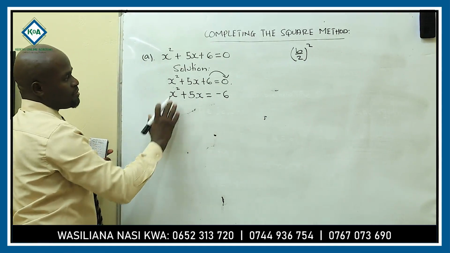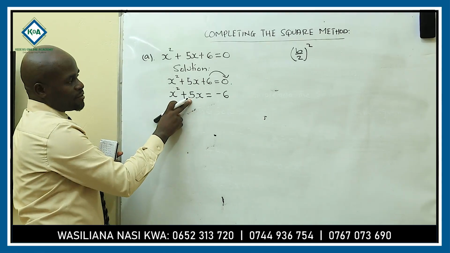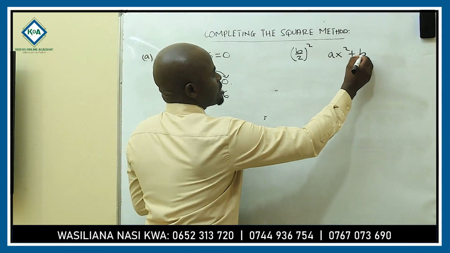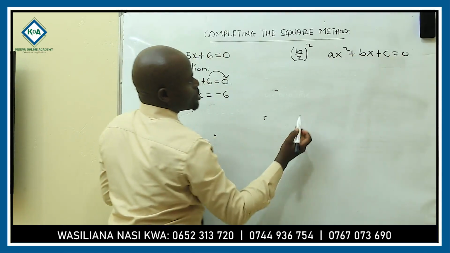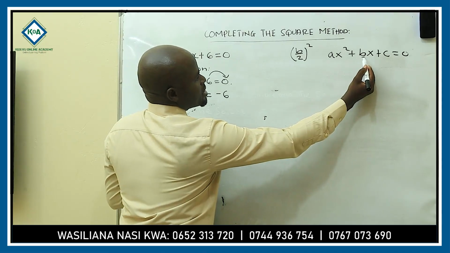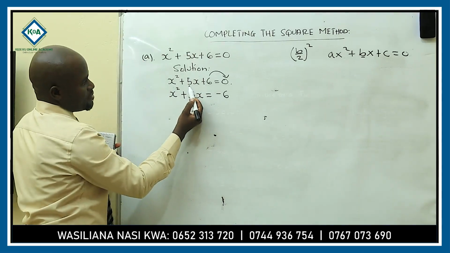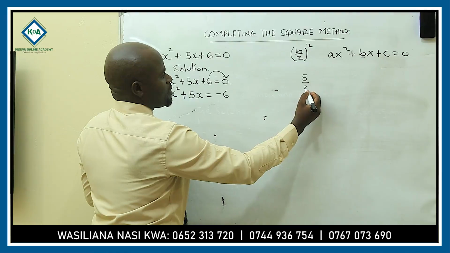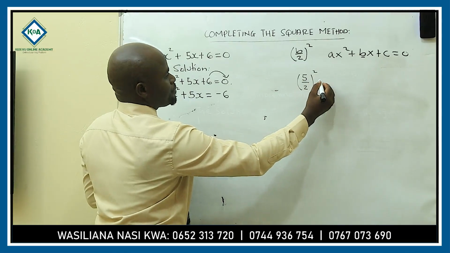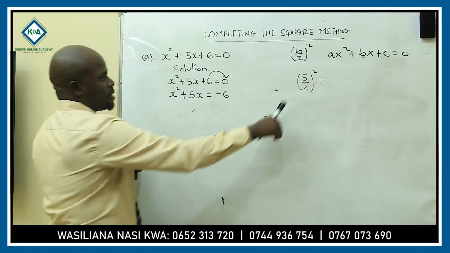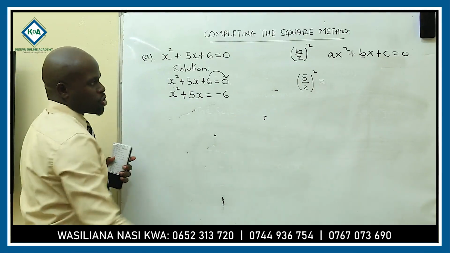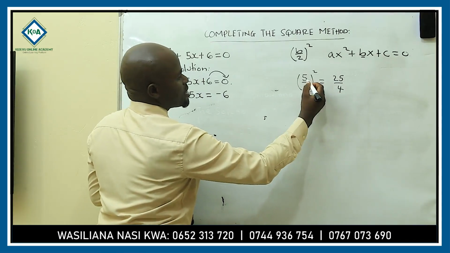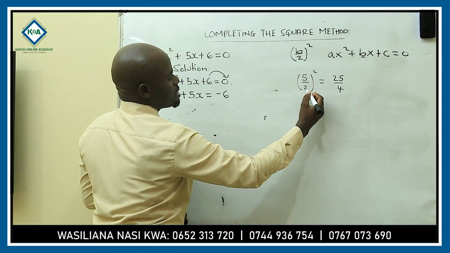Here, our b is 5. As you remember, the general form of a quadratic equation is ax squared plus bx plus c is equal to 0, so b is the number which stays with x. So our b is 5. We take 5 divided by 2, then square. 5 squared is 25, and 2 squared is 4, so 5 times 5 gives 25, and 2 times 2 gives 4.